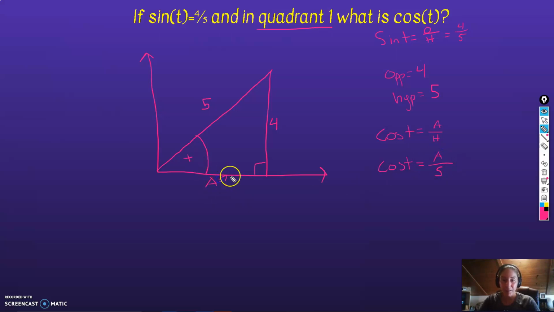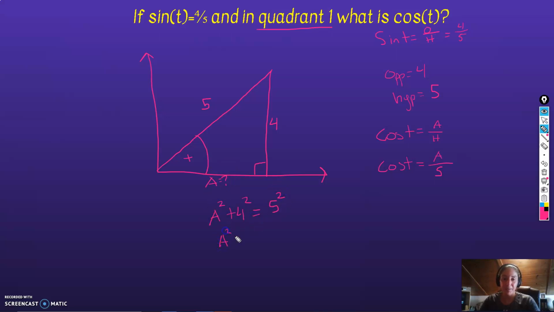How do we figure out what a is equal to? What could we possibly use? Oh, what's the thing to solve sides of a right triangle? Oh yeah, Pythagorean theorem, the thing that everybody remembers, right? A squared plus b squared equals c squared. So a squared plus 4 squared equals 5 squared.